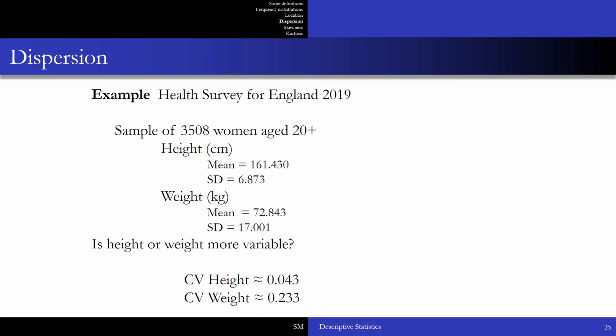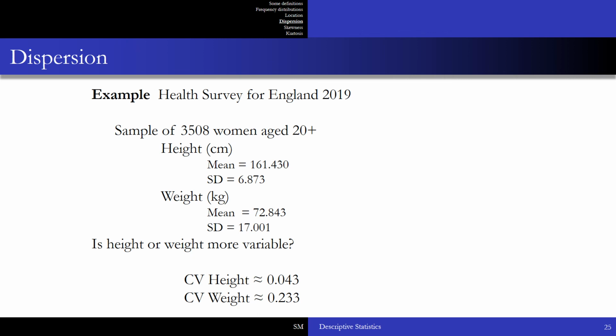We calculate the mean and the standard deviation for each, but this doesn't really help us very much because the units are different. For height, it's in centimetres, and in weight, it's in kilograms. Is a standard deviation measured in centimetres of 6.873 indicating more variability or less variability than a standard deviation measured in kilograms of 17.0?